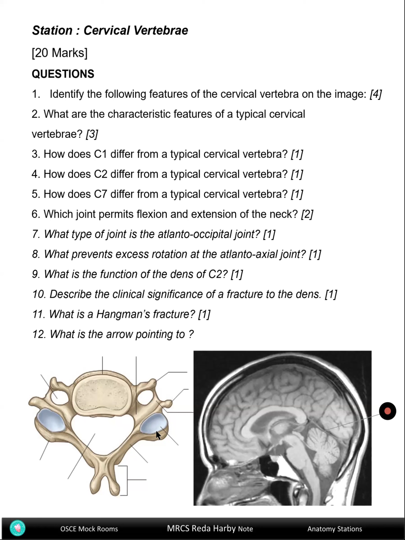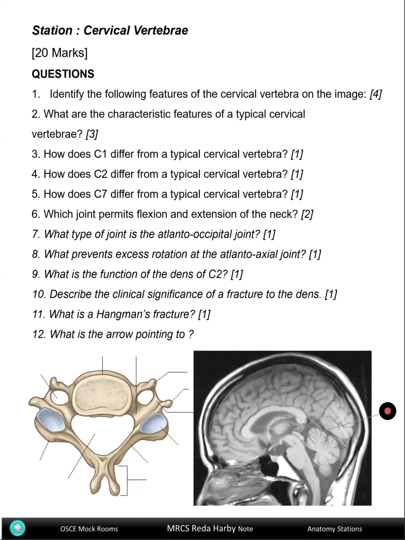That's the superior articular facet. Yes. And what is this one? That's the spinous process. Bifid spinous process. Excellent. Thank you so much. So what are the characteristic features of a normal or typical cervical vertebra?